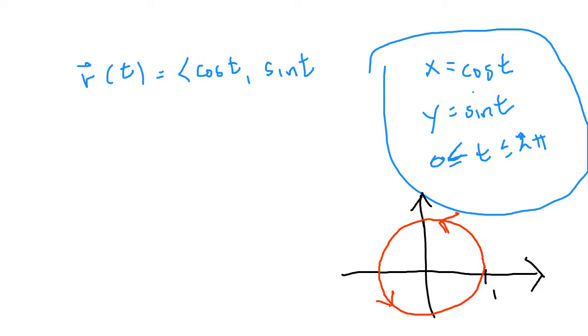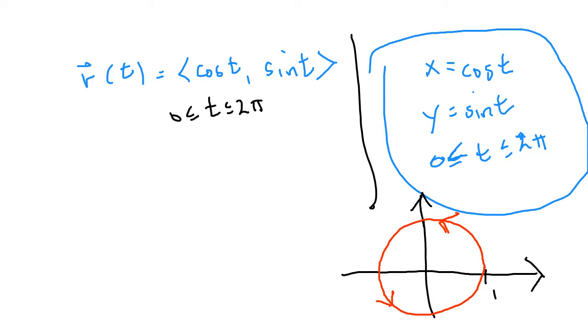Well, we can analogously write this vector equation. R of t has components cosine of t and sine of t, where t goes from 0 to 2 pi.